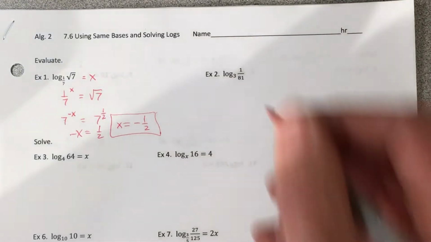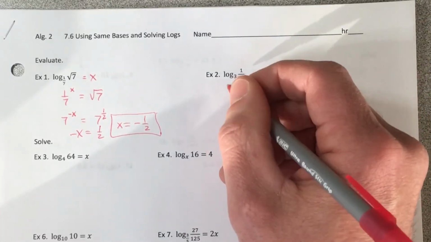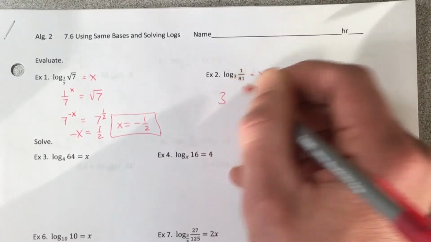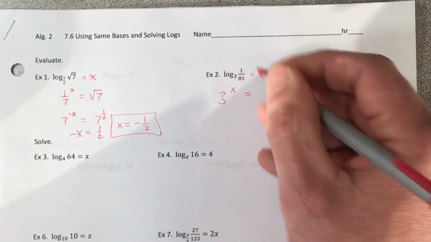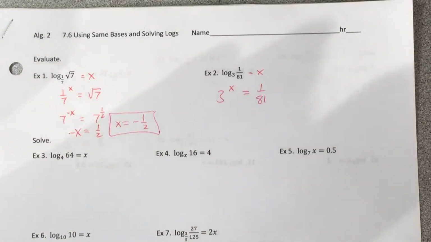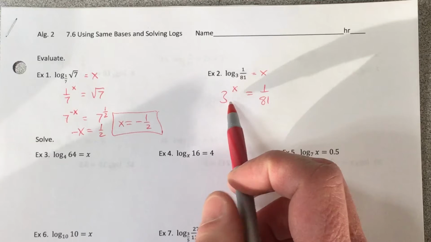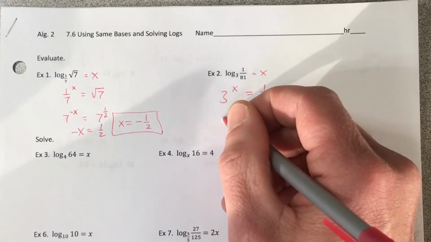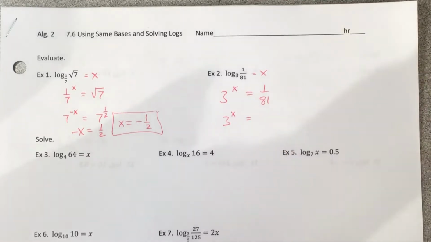Example 2, let's rewrite it. Our base is 3, so we go 3 to the x power equals 1/81. Now this 3 I can't really rewrite very easily another way, so I'm going to leave that alone, and my challenge is to rewrite 1/81 as 3 to some power.